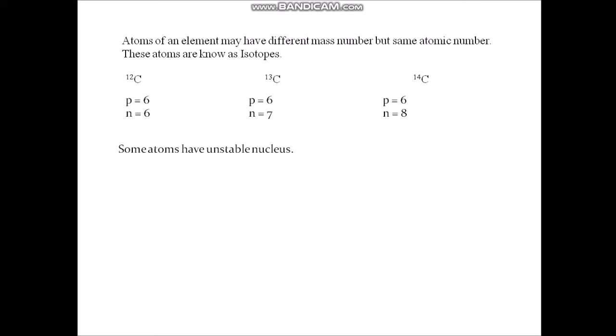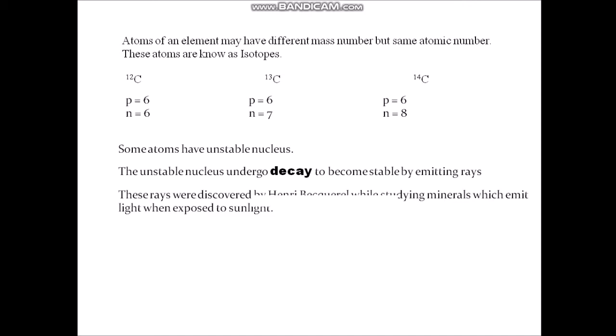These unstable nuclei undergo a process of decay to attain stability, and this is done by emitting some kind of rays. Now, what are these rays? Henry Becquerel was the one who discovered these rays.